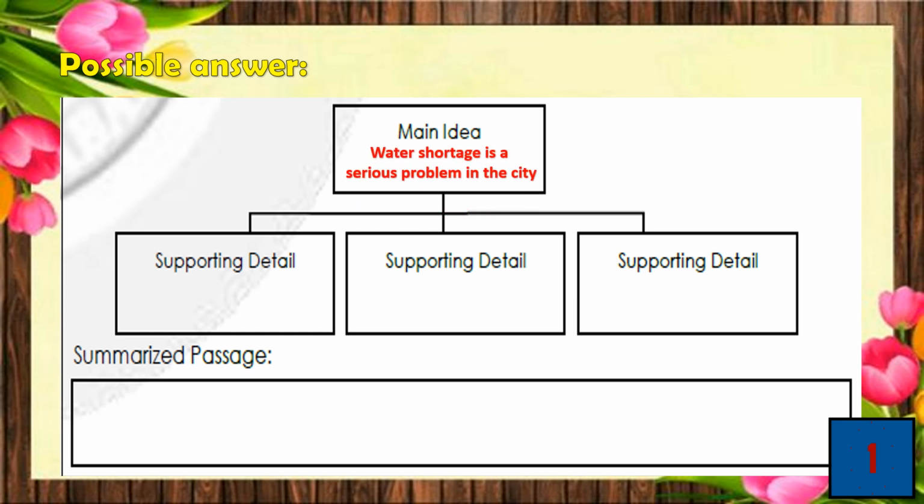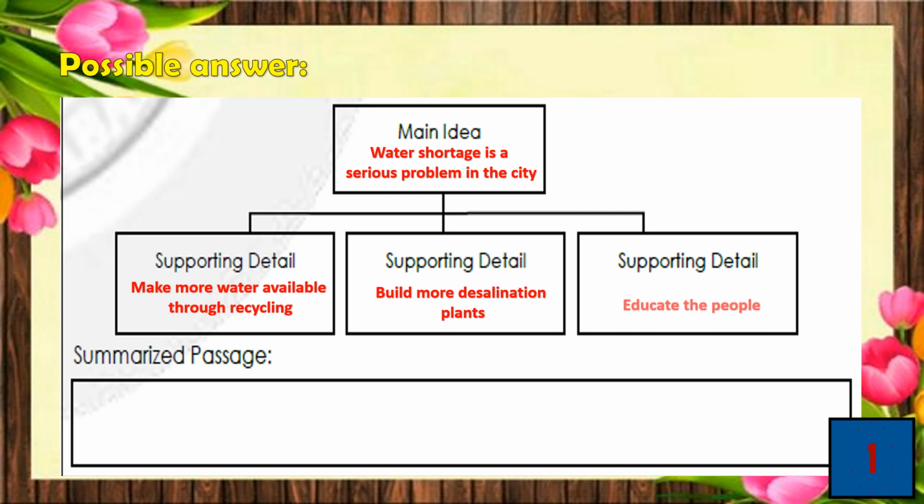Okay, so the main idea of the passage is water shortage is a serious problem in the city. And the first supporting detail, make more water available through recycling. And the second supporting detail, build more desalination plants. And the last one, educate the people.